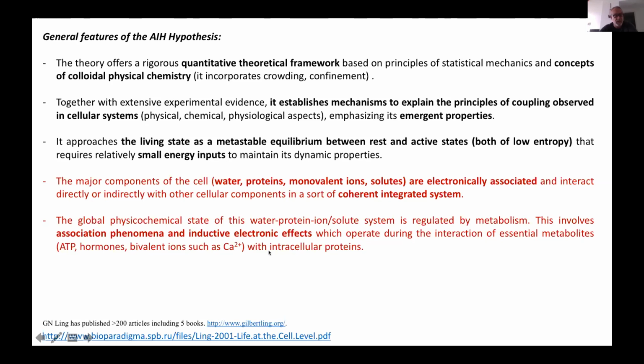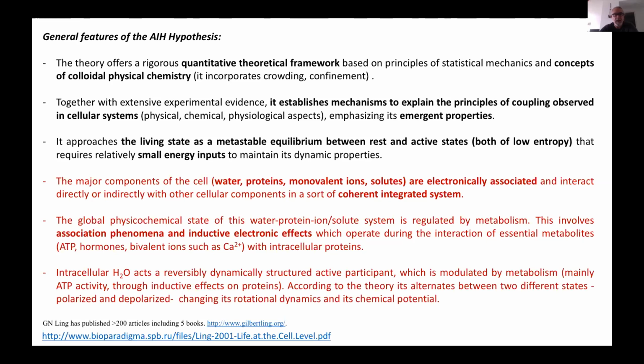And this leads to another important thing, which is that water, instead of being seen as a passive component, will be a reversibly dynamical structure, an active participant, whose rotational dynamics will be regulated by these associations and electronic inductive effects of the metabolites with the proteins.